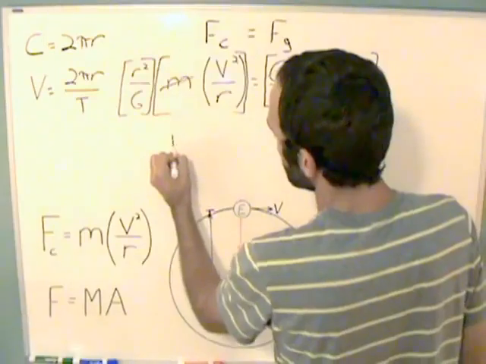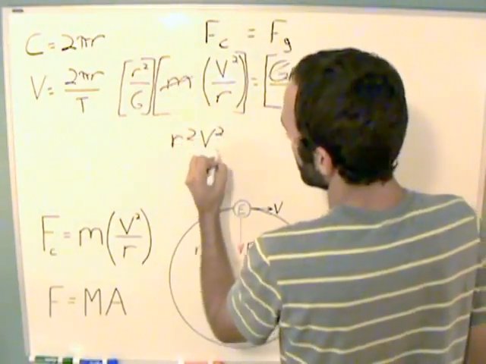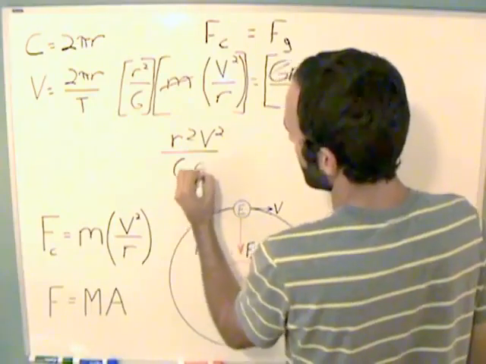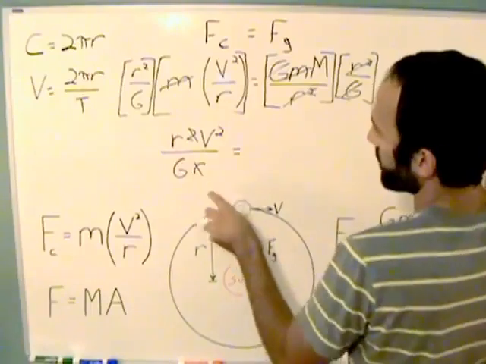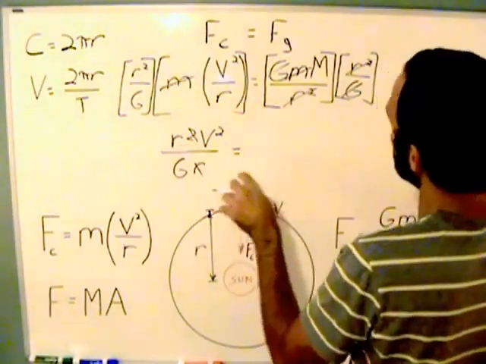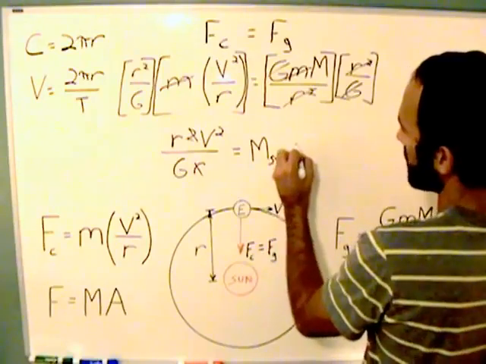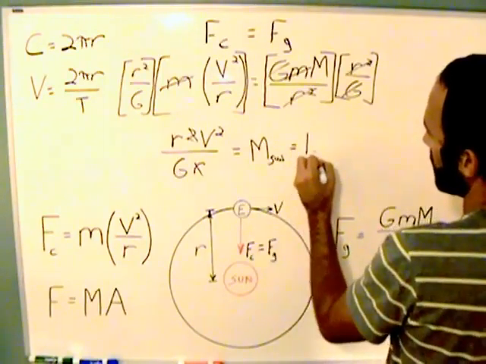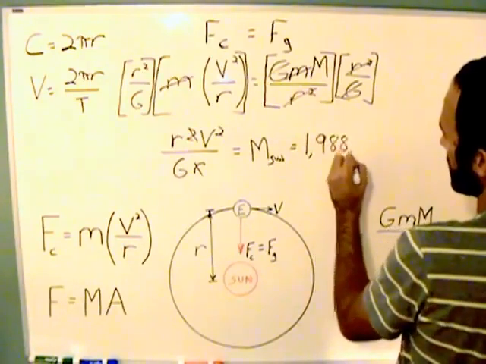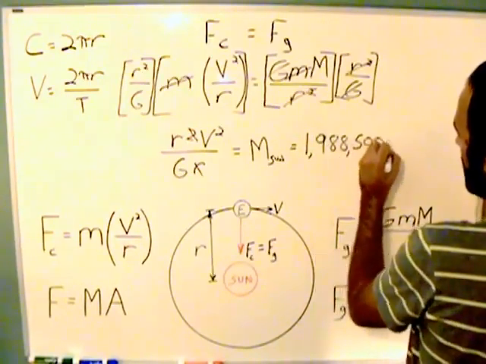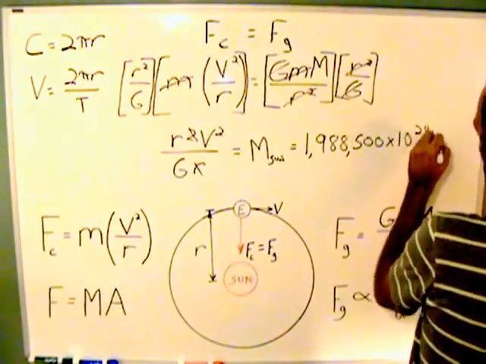Over here you've got R squared times V squared over G times R. And then this R cancels. So you really just have R times V squared over G is equal to the mass of the Sun. And that comes out to 1,988,500 times 10 to the 24th kilograms.